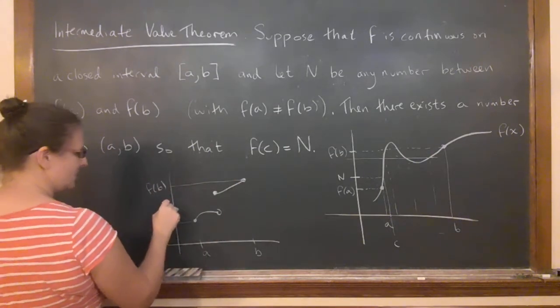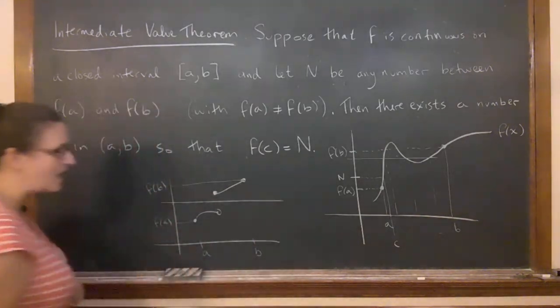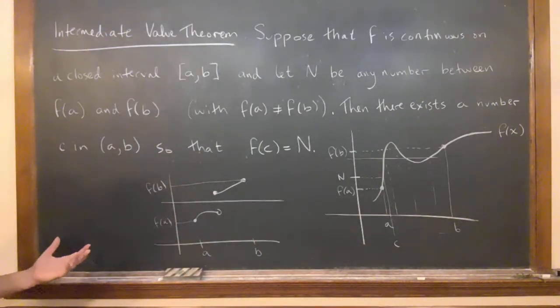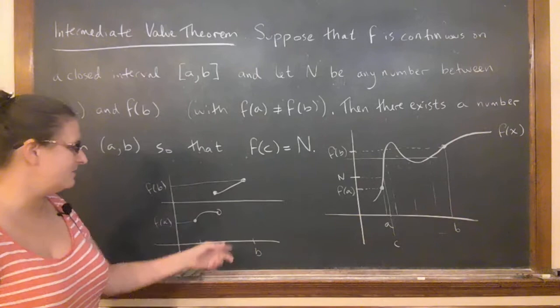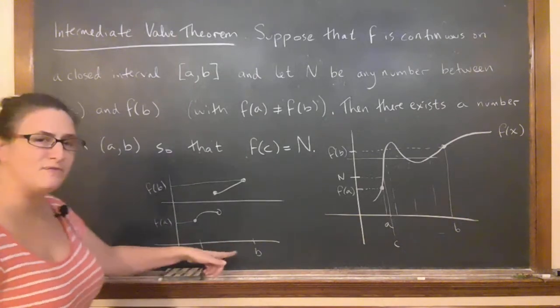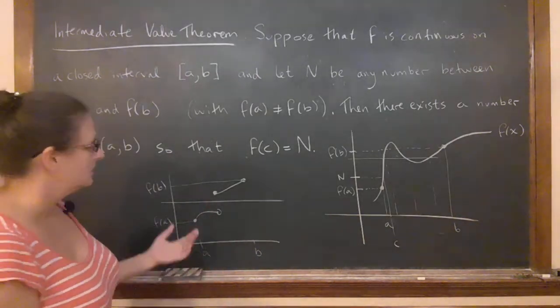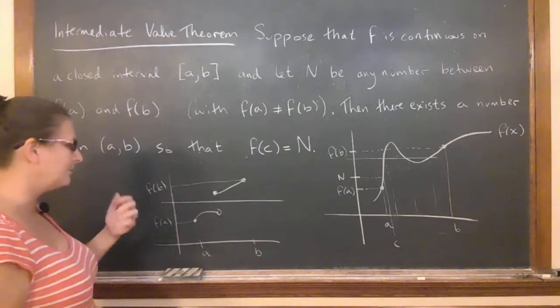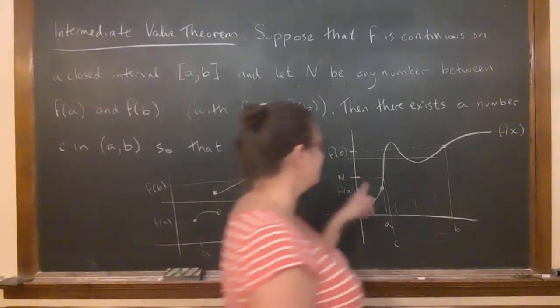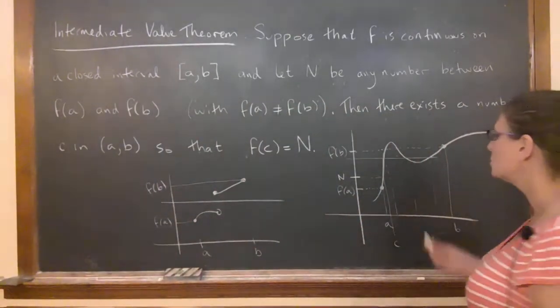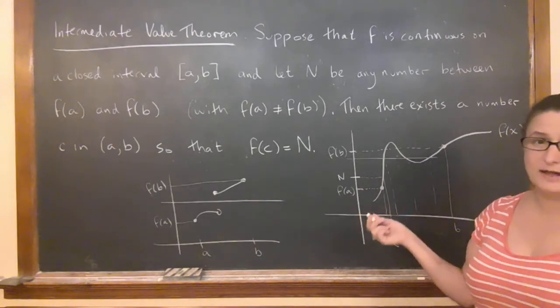Say if I have anywhere here, I'm not hitting the function, right? So I can't find a value. There's no f of c that equals n. Of course, because I picked one in the gap, right? But if the function is continuous, you will always be able to find a c.